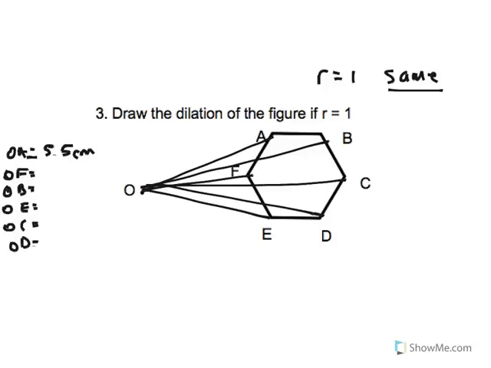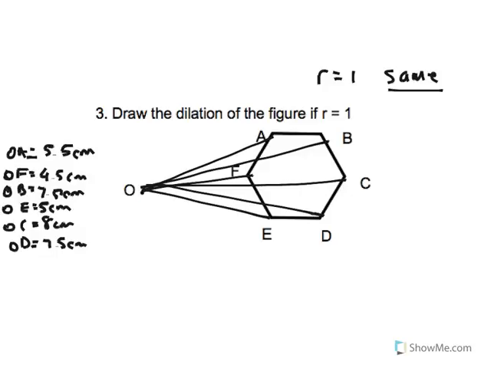So from O to F, it's going to be about 4.5 centimeters. From O to B, it's going to be about 7.5 centimeters. From O to E, 5 centimeters. O to C, 8 centimeters. And O to D, 7.5 centimeters.